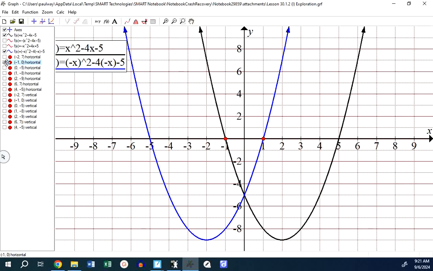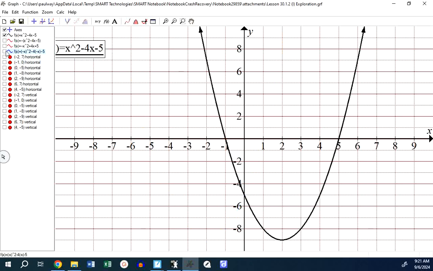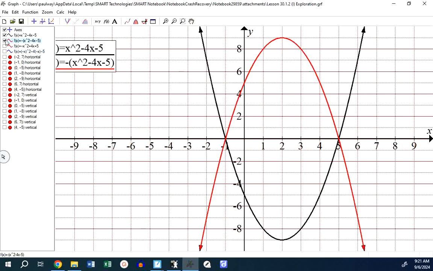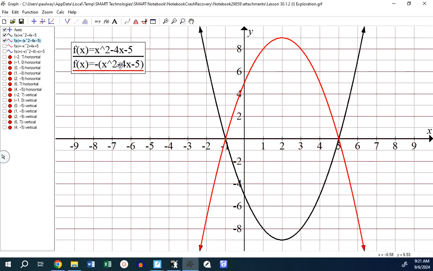Give some thought to the fact that when we had the vertical reflection, and I didn't multiply the negative through here, it's still there, it's the y coordinate which gets multiplied by negative 1, right? 1 comma negative 8 becomes 1 comma positive 8. The y coordinate gets flipped.